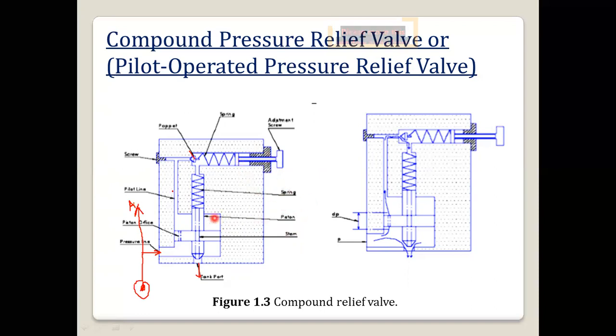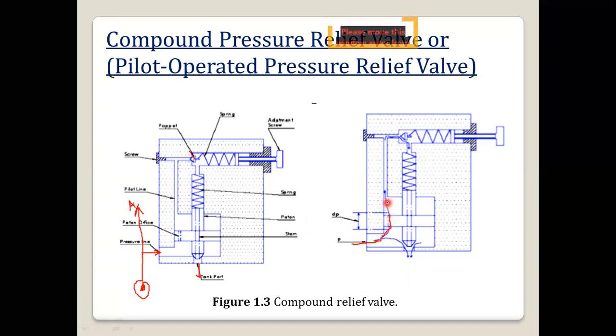So what will happen here? We have to send the pilot pressure through this poppet. This is the closed position. Then how it operates: the pressure line P will come here and go to this piston orifice.